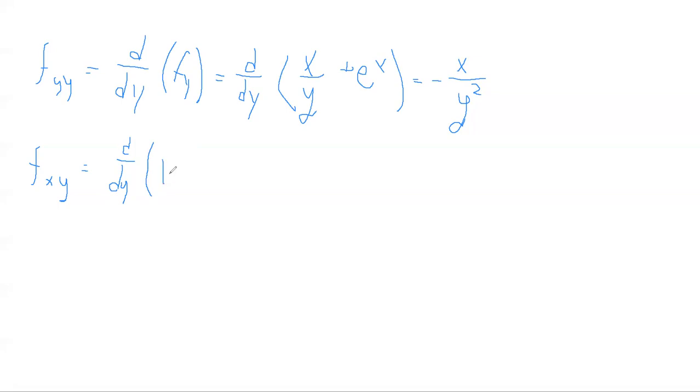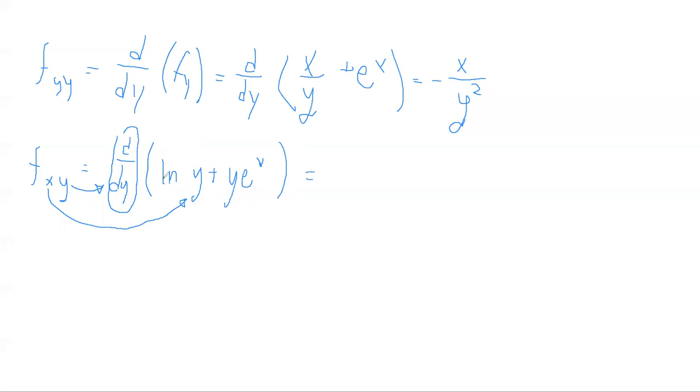Our f of x was ln of y plus y e^x. All right, so hopefully you guys understand this. That y right here is going to be your derivative value. You're going to take the derivative with respect to y, and then your x value is just going to be what you had for f of x. And it's going to be the same thing for f of yx, but I'll explain that later.